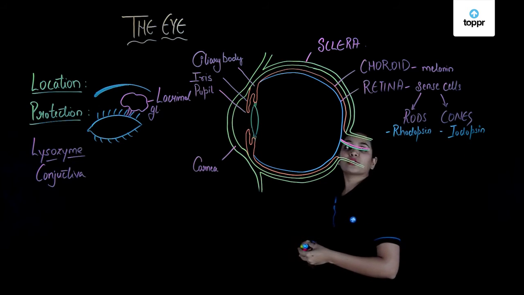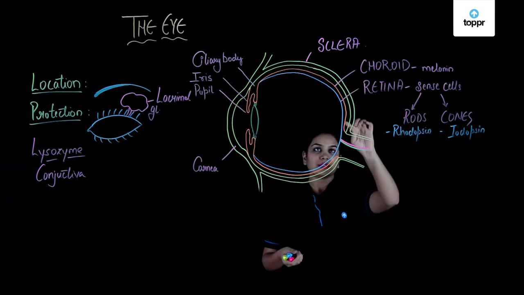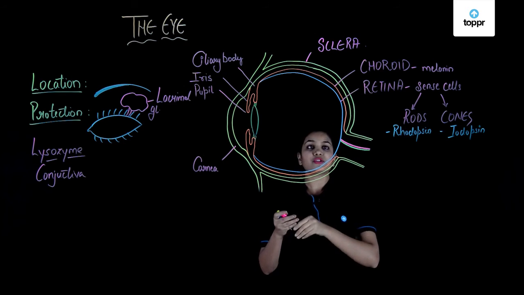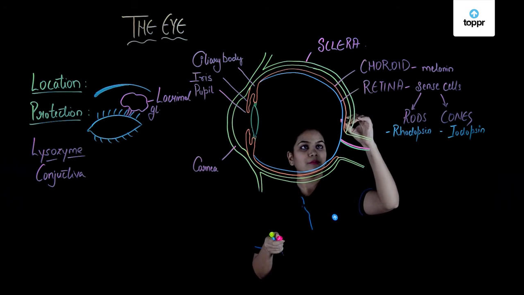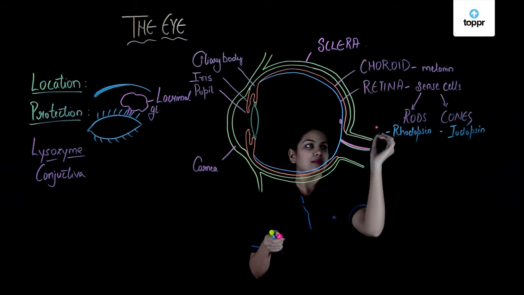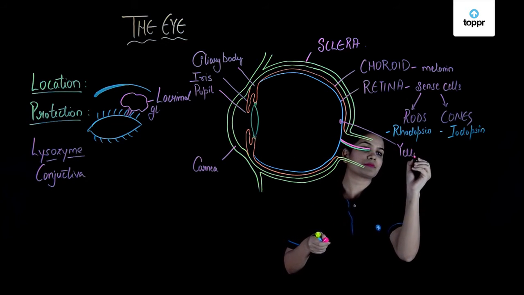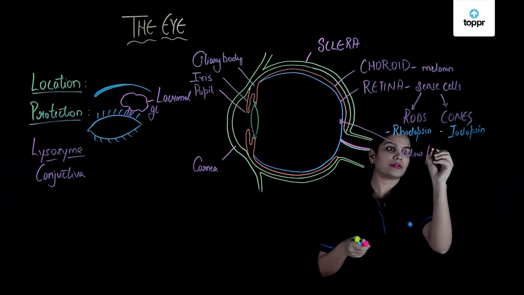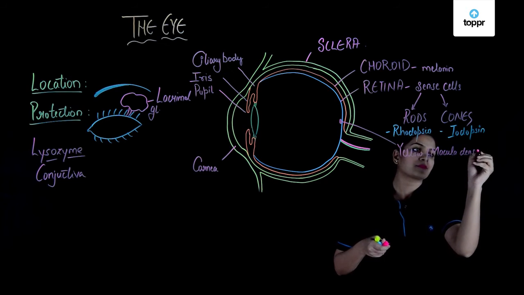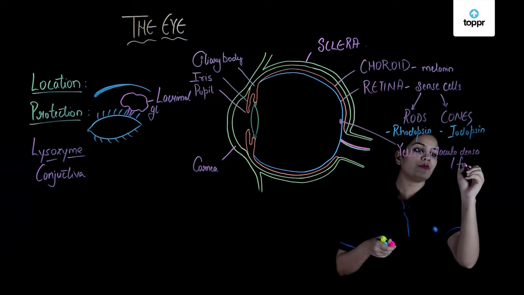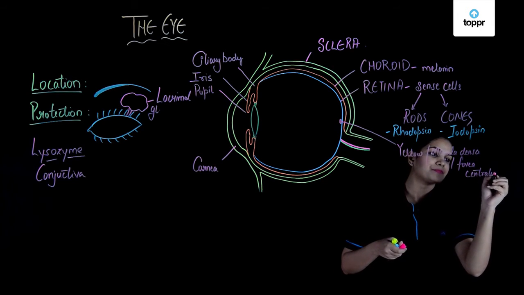Now while we are talking about the retina, the sclera and choroid, we see that this spot, which falls directly in front of the lens, is what we can call the yellow spot, or we can also call it macula densa, or fovea centralis.